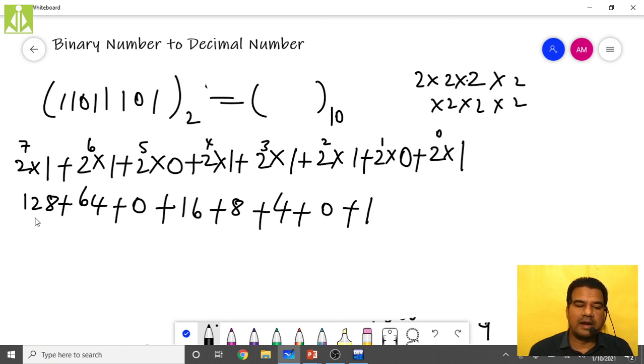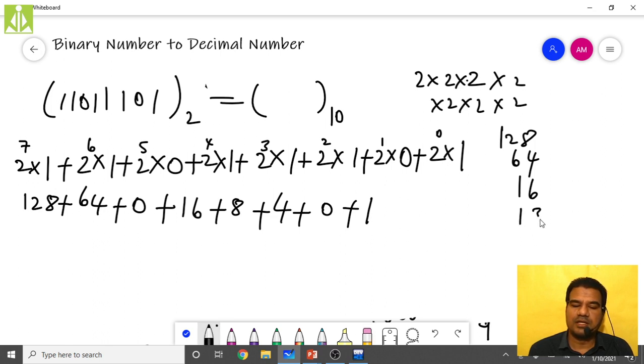Now add these things: 128 plus 64, plus 16, 8, 4, 1. The last 3 I am adding here itself: 8 plus 4 is 12, 12 plus 1 is 13. So that 13 I am writing after 16.